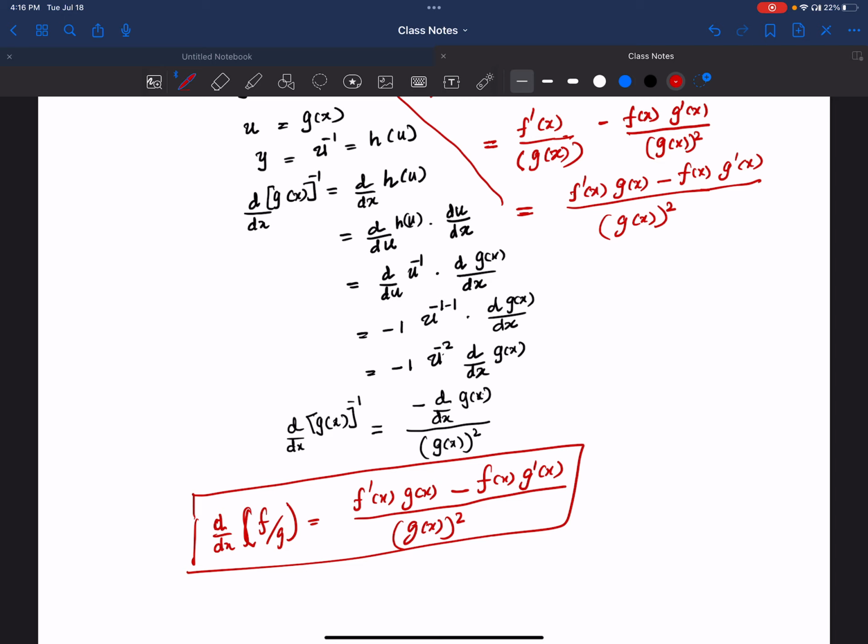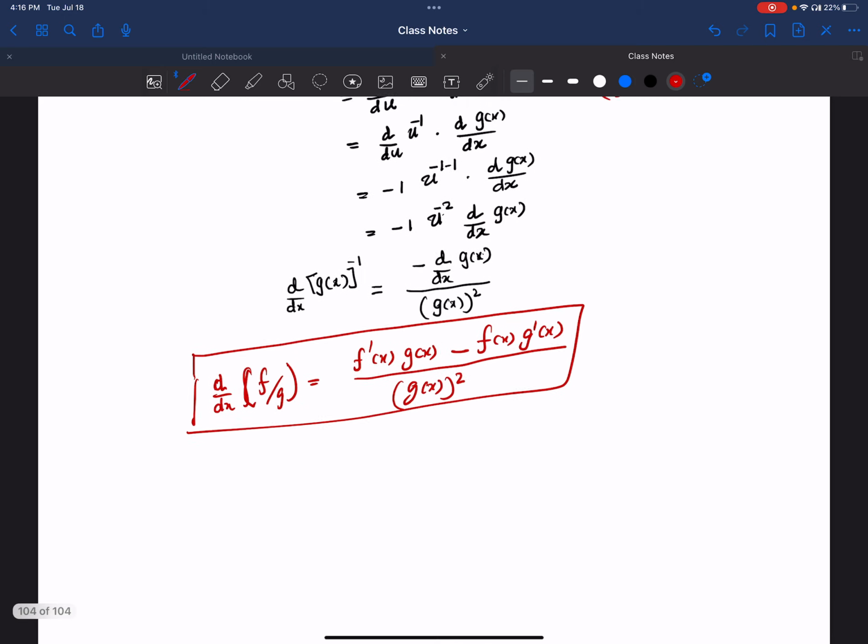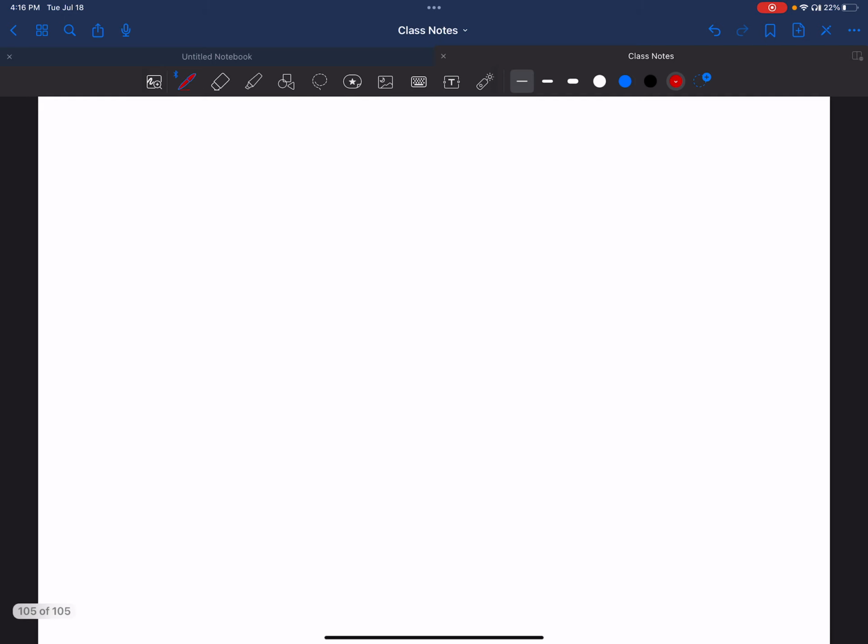Let's take this example. We can use it without knowing the product or quotient rule equations, so I'm going to use the chain rule and product rule in this case.